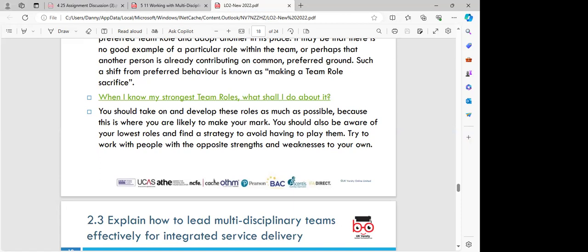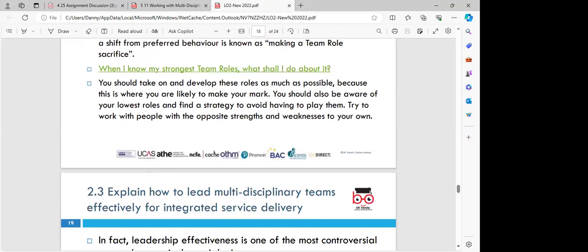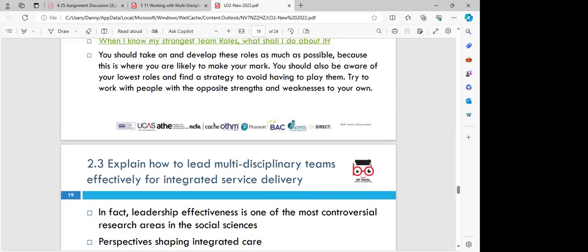Try to work with the people with the opposite strength and weakness to your own. So when you identify your strongest team role, you have to work on it. You have to take and develop those roles. You should also be aware of your lowest roles and find a way to match them up or work on them.